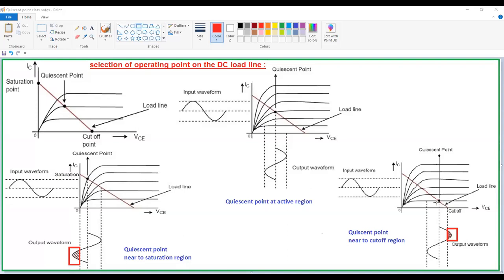That means there are no negative pulses. Okay, here there is a missing of pulses. Like this, we are not going to get the output waveform similar to the input waveform. Now here, compulsorily you have to maintain the quiescent point at the center of your DC load line, in the active region. Okay, this is about your DC load line.